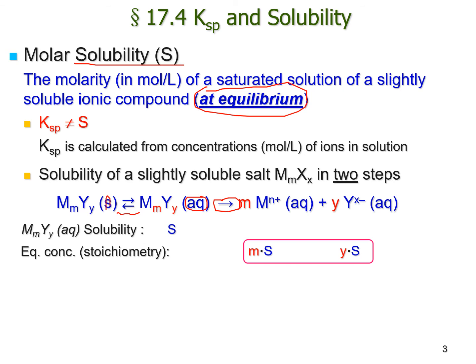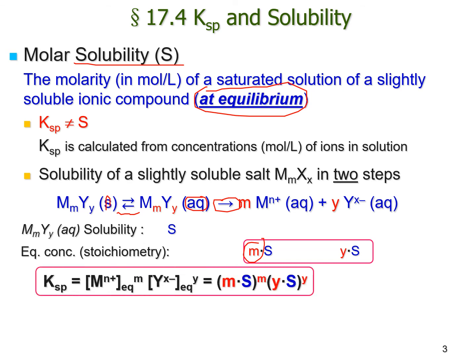That is another important thing I want you to understand. This coefficient appears twice. First, it appears as the multiple of the solubility of the ion, and it also appears as the exponent in the KSP expression.